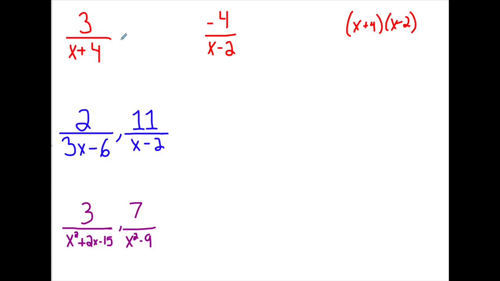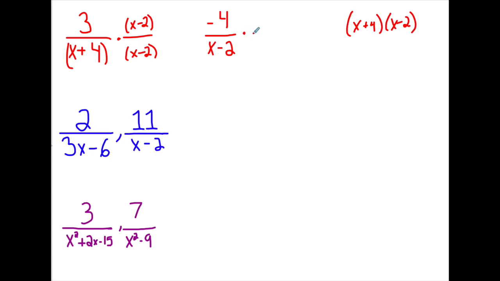So to get that, I'm going to multiply by x minus 2 on the bottom, because that's what I need to multiply by so that I get x plus 4 and x minus 2. And because I multiplied the bottom by x minus 2, I have to do the same thing to the top. So now you can see that this is essentially equal to 1, because it's something divided by itself. So the expression doesn't change, but now we achieve that least common denominator.